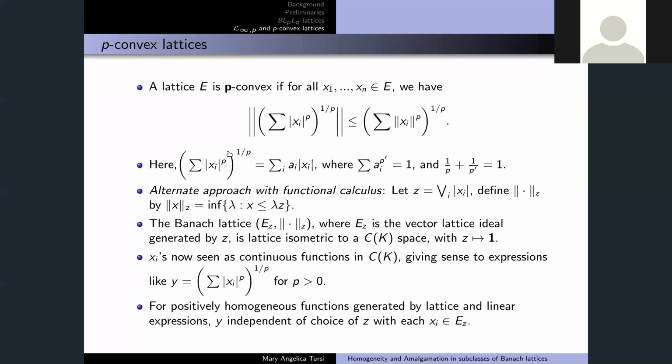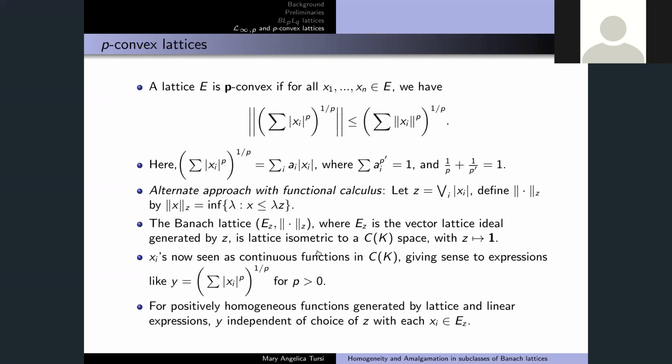But if you have an arbitrary lattice, this might not immediately make much sense, but you can use a functional calculus approach to express what this thing is. And it comes down to taking the supremum of the moduli of the xi's, taking an alternate norm, which is itself an L infinity norm of sorts.